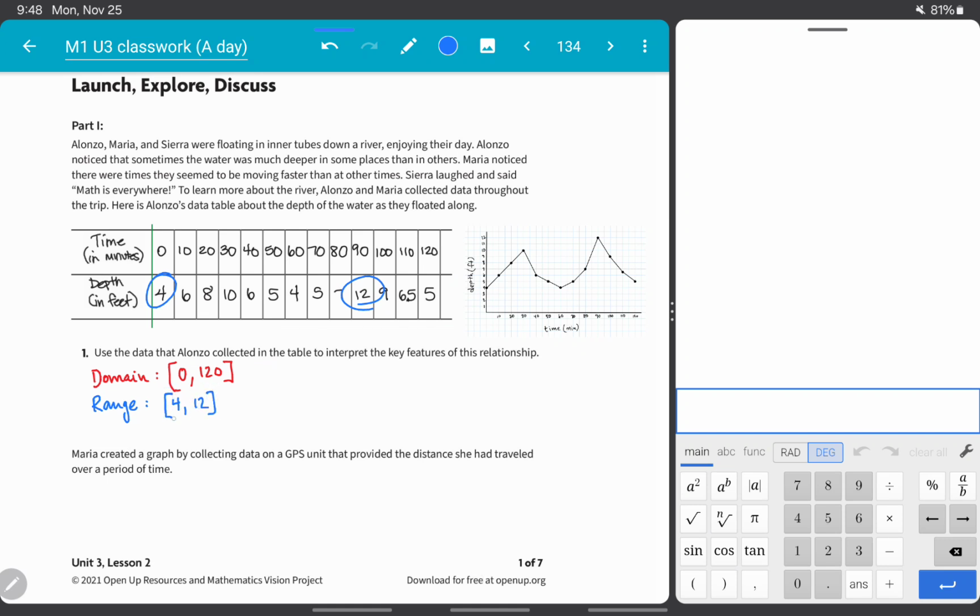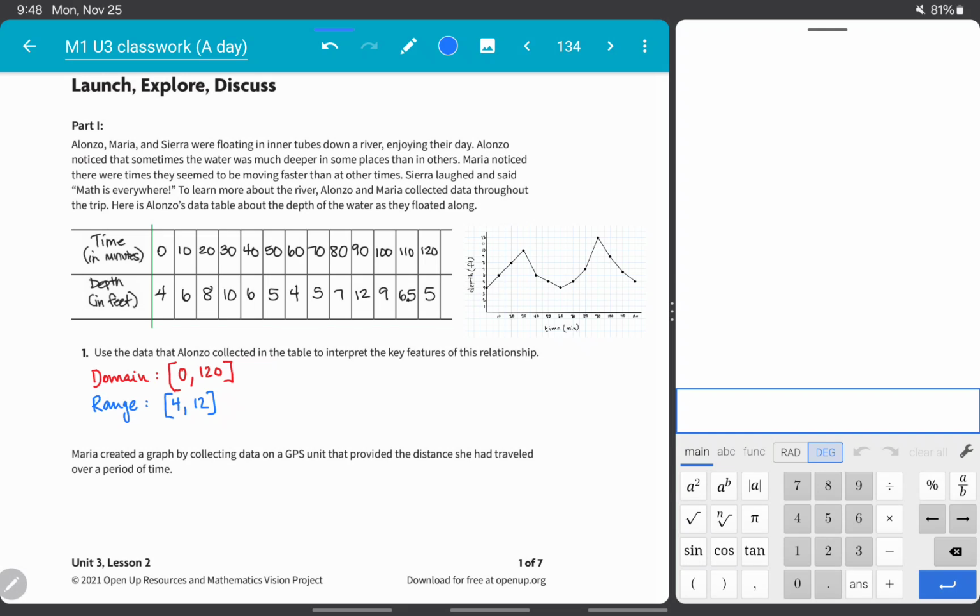Okay, but there's a catch here. This data in the table, right now it's discrete because we've got all of these separate points here. But if you look at the graph, it is a continuous function because at any moment in time, there is a depth of the water. And we're not 100% sure that this table is complete.